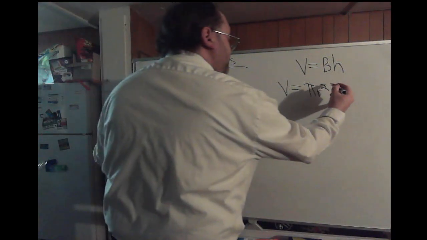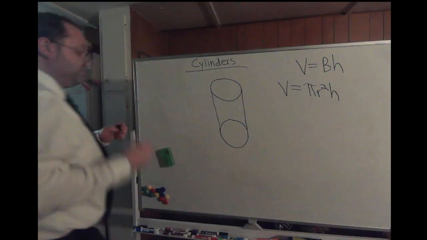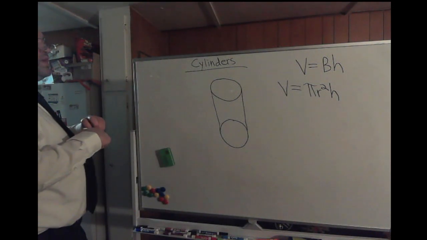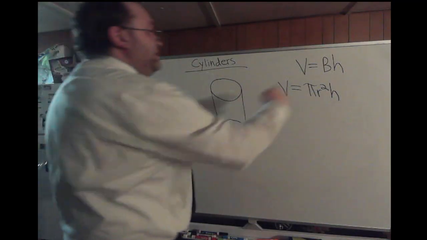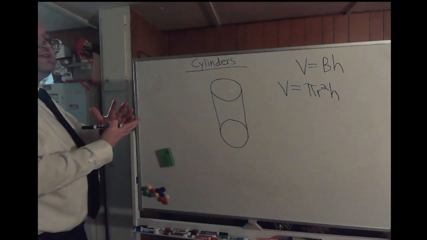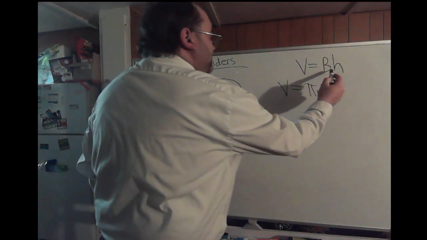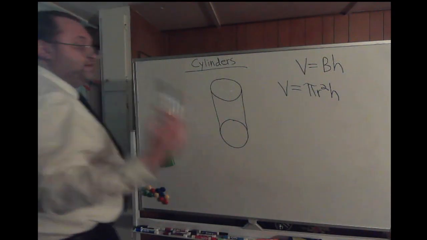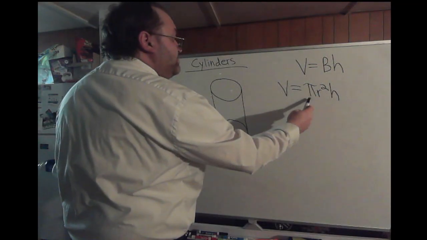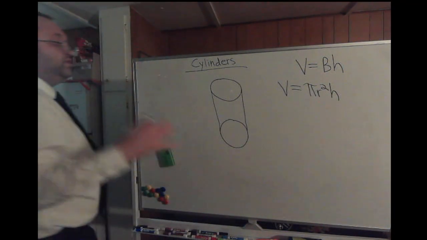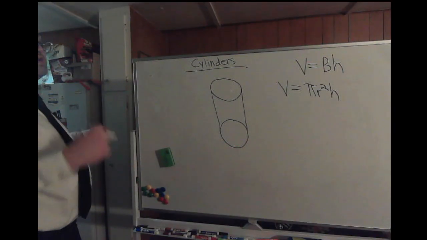Then to get the volume, you're just going to take that times the height. So it's important to know where we're getting these formulas from. If it's a cylinder, it's going to be the area of the base times the height, and the area of the base of a cylinder is pi r squared. Then to get the volume, you take that times the height. So the volume of a cylinder is pi r squared times h.